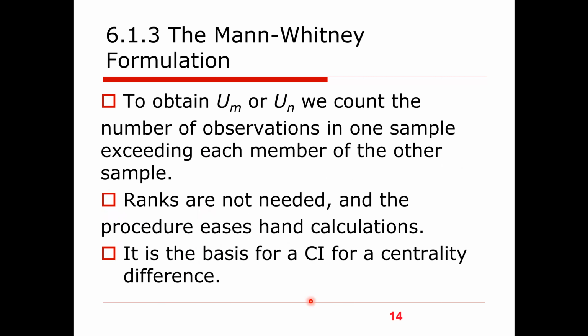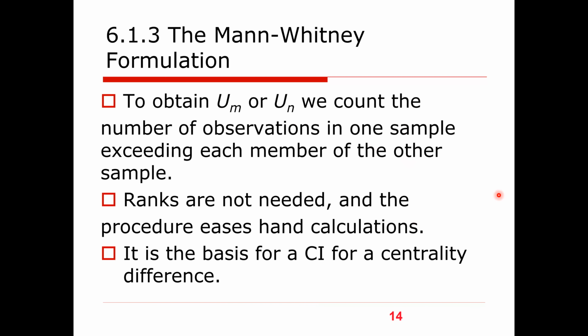So to obtain UM or UN, we count the number of observations in one sample exceeding each observation of the other sample. Ranks are not needed. We just need to calculate the number of exceedances. So it's the basis for confidence intervals for the median differences.